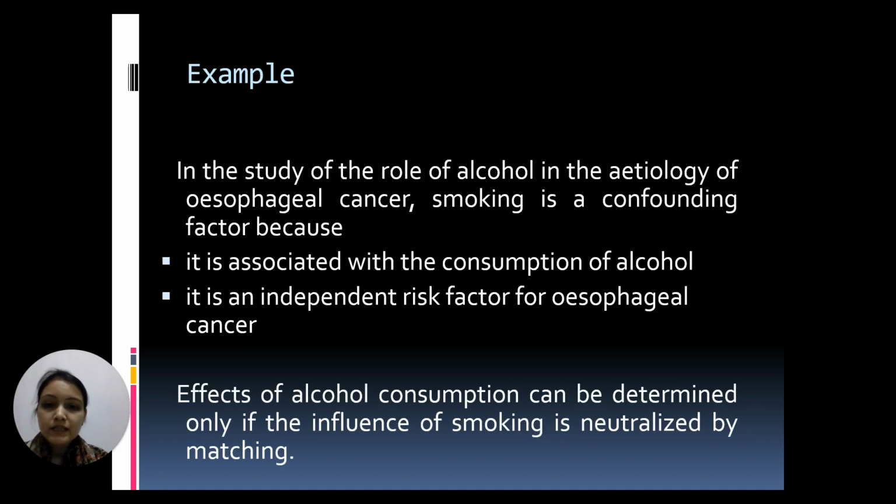For example, in the study of the role of alcohol in the etiology of esophageal cancer, smoking is a confounding factor because it is associated with consumption of alcohol. It is an independent risk factor for esophageal cancer. So, the effect of alcohol consumption can be determined only if the influence of smoking is neutralized by matching.